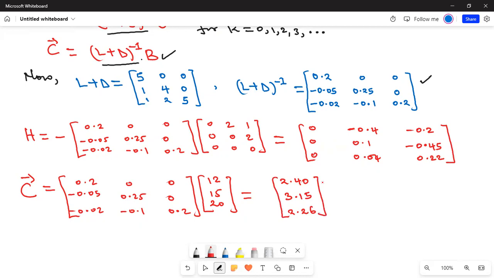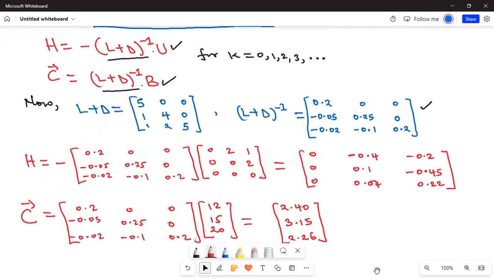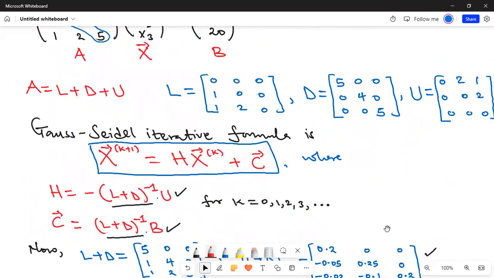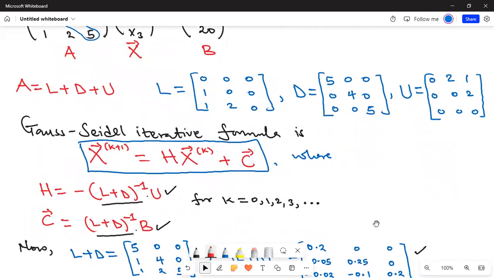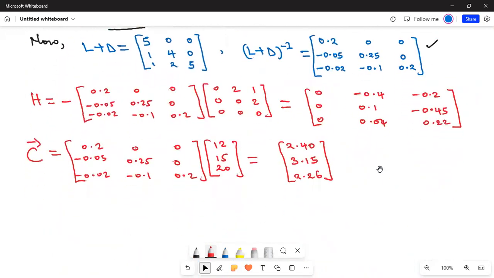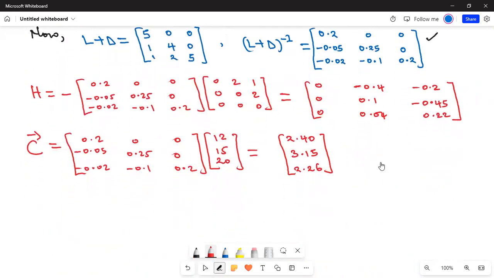Now with H and C, we only need the initial guesses, and then we perform our iterations, just 3 iterations. What are we given as the initial guesses?